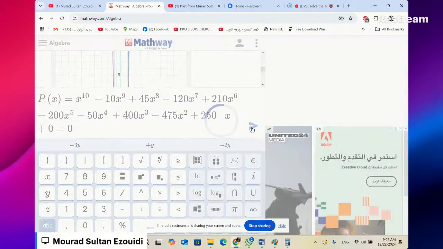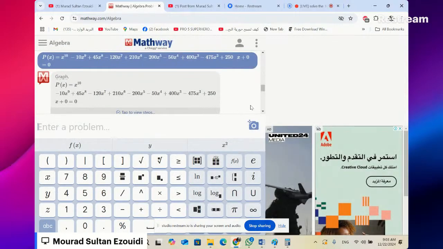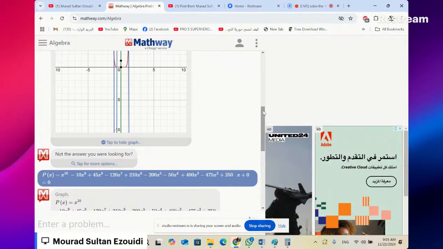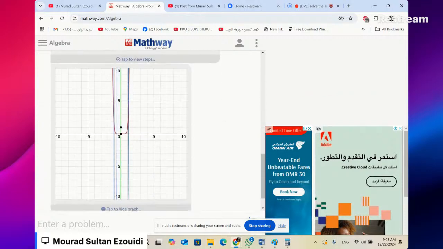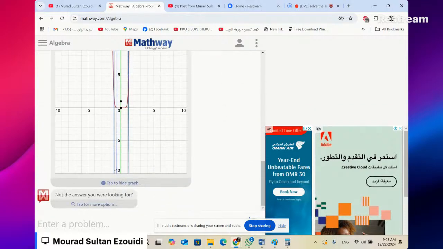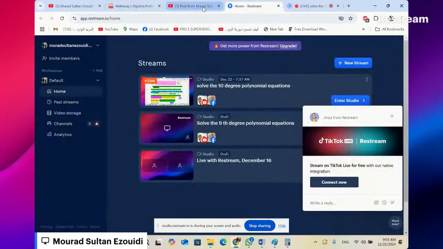Not for the graph. We need a solution. So let's try ChatGPT.